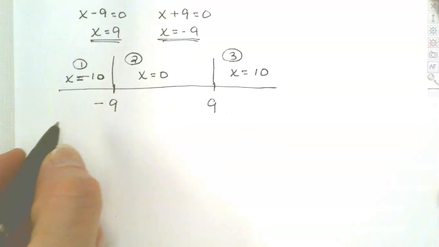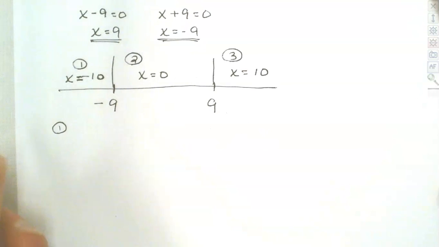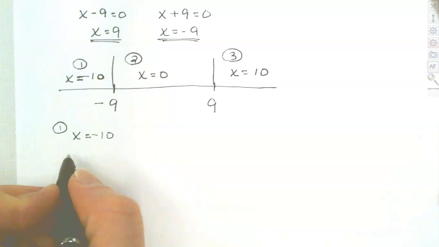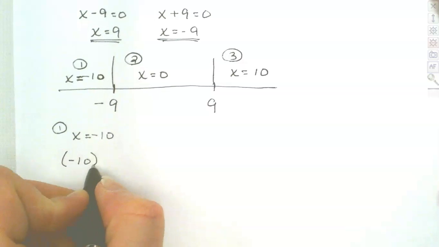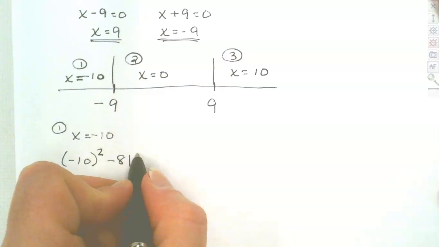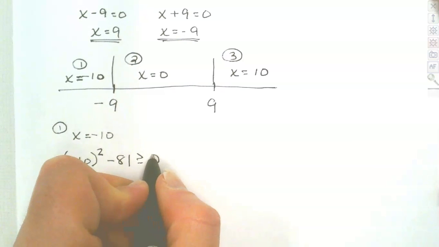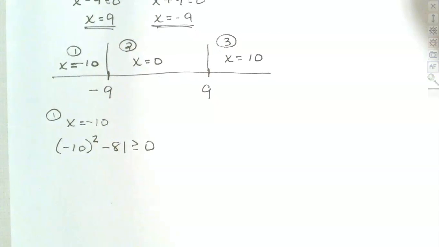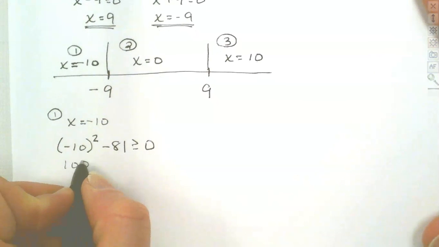So let's check region 1. We're going to check x equals negative 10. And let's see if this is going to be true or false. So I'm going to plug in my negative 10. When we square a negative 10, it becomes a positive 100.